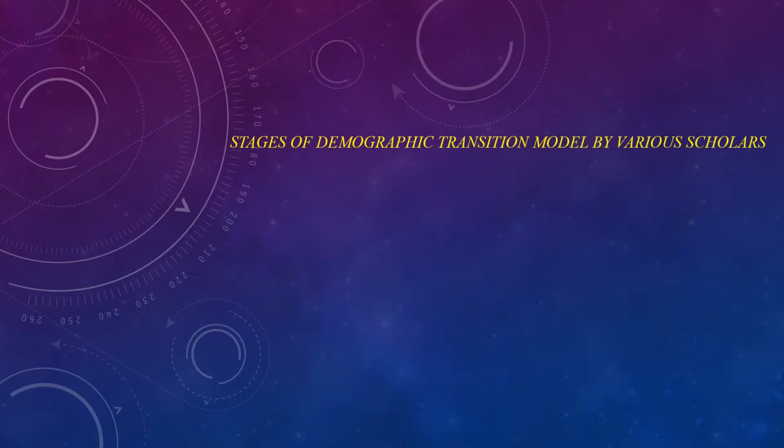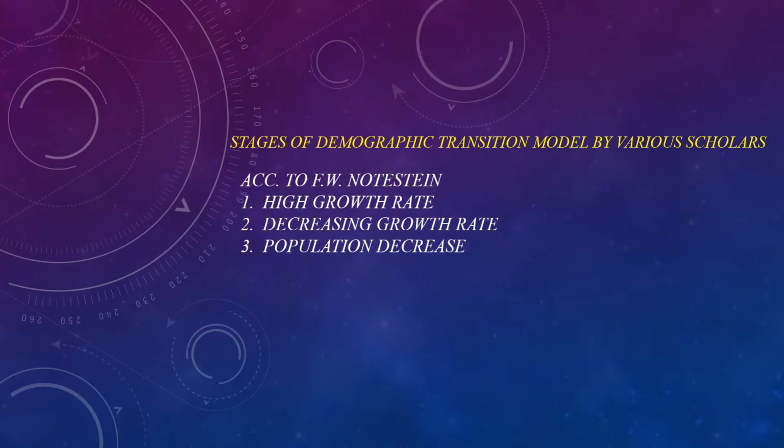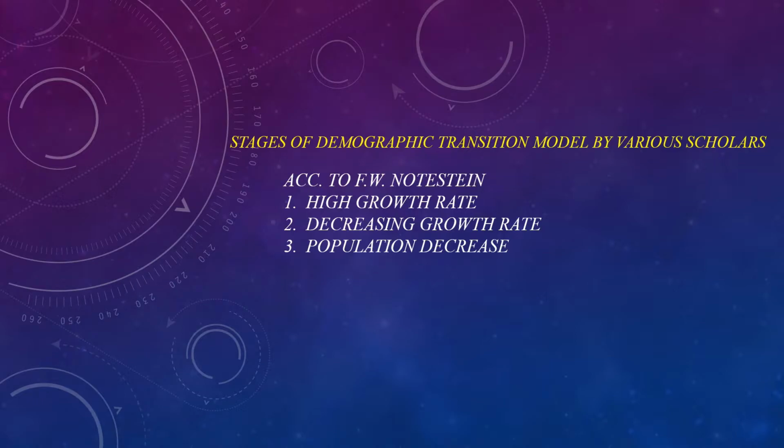Stages of demographic transition model by various scholars. Now we will describe here various stages which are given by various scholars for the demographic transition model. According to F.W. Notestein, first stage is high growth rate, second one is decreasing growth rate, third one is population decrease.